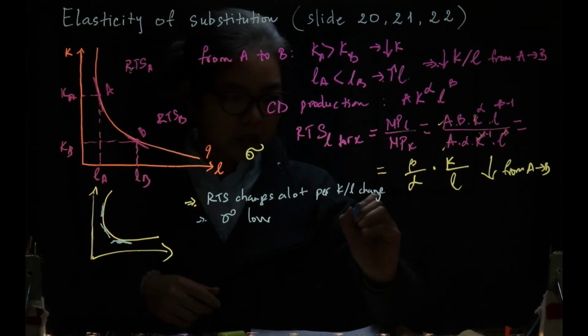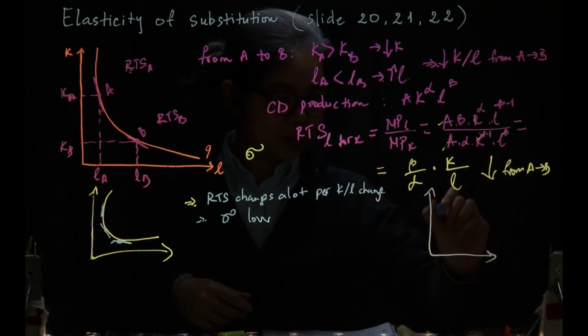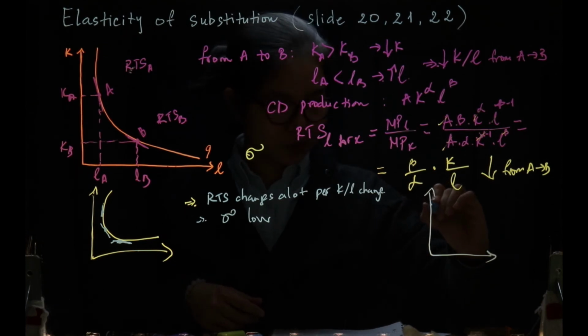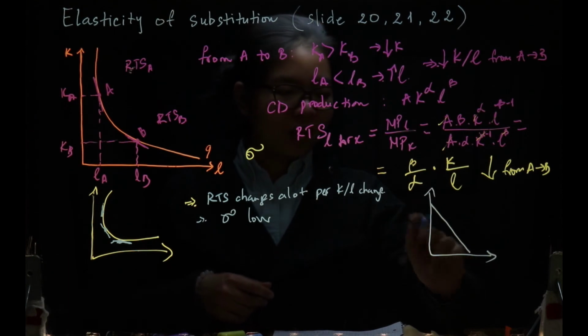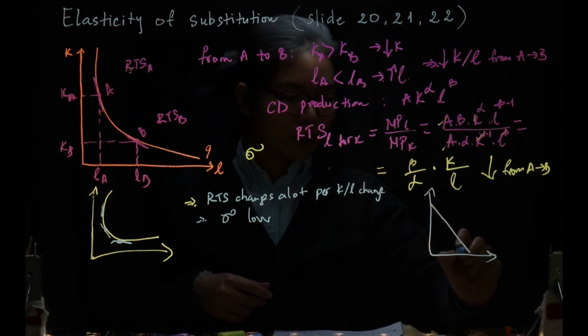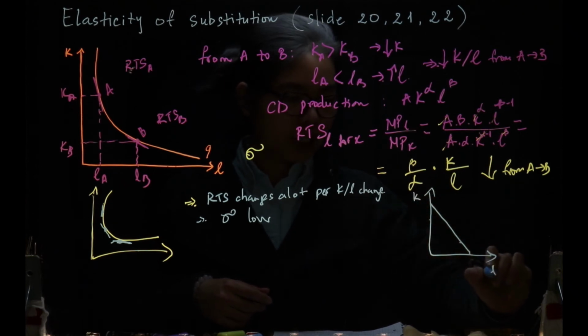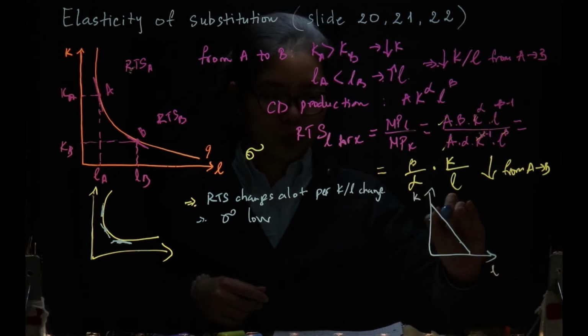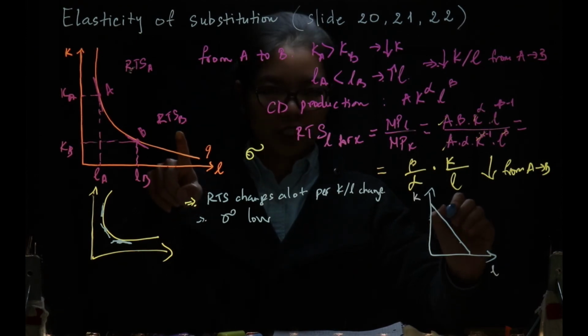On the other hand, if you have this kind of isoquant, let's go first with the very extreme case, the linear. What does the linear say? I mean, along this isoquant now, your K over L changes, but the slope of it, the RTS, is constant.